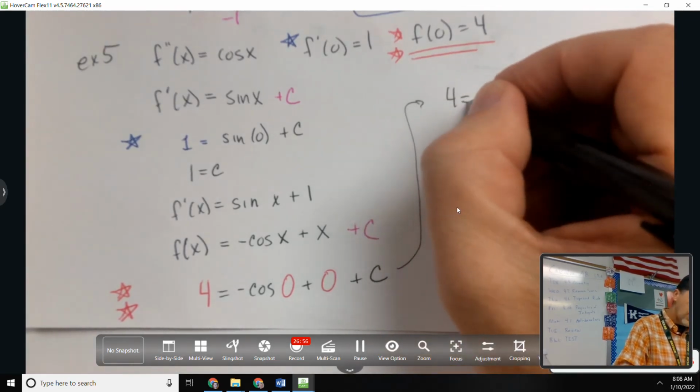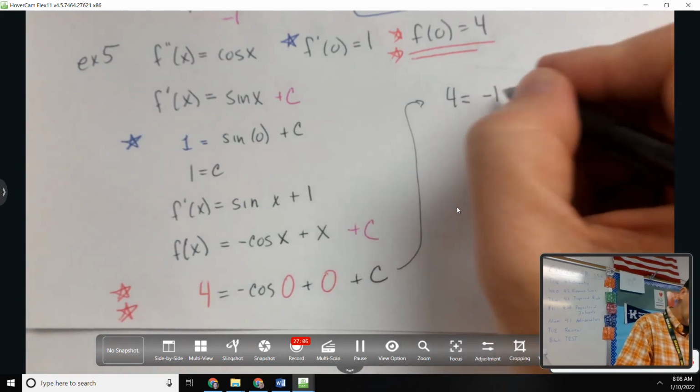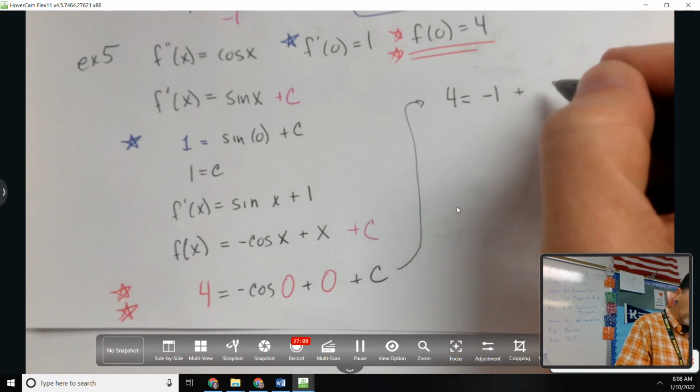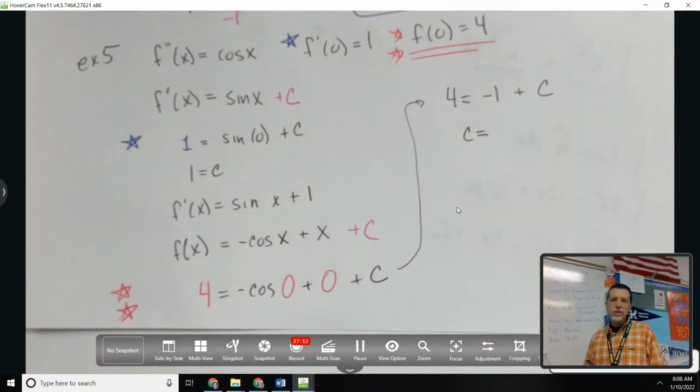What's the cosine of 0? Sine of 0 is 0. What's the cosine of 0? 1. Good. So negative 1 plus 0 plus c. So c is equal to 5.